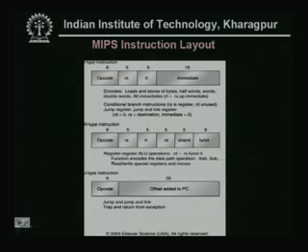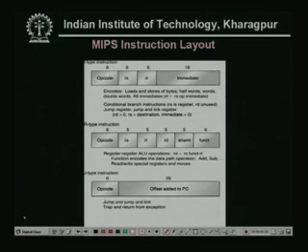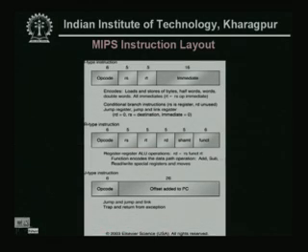Here the operation types are of these 2 types, with opcode, RS and RT as the source and destination registers, and the immediate type.